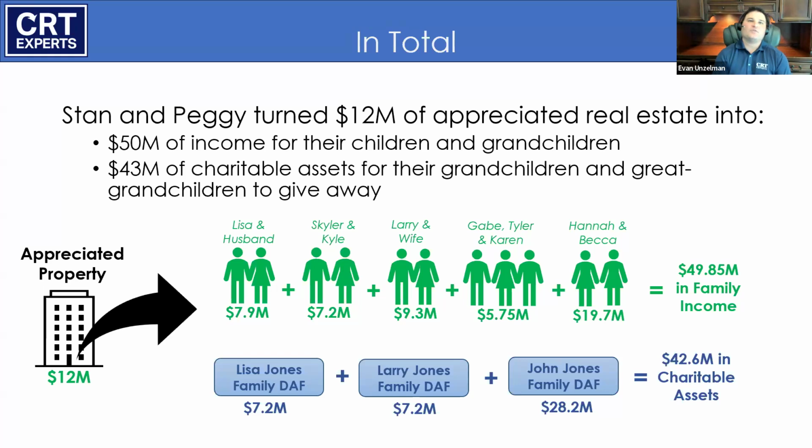It's pretty powerful what the CRT can do if it's structured properly: maximizing the number of beneficiaries, the family members receiving income, and how long that CRT is paying out, and giving any income beneficiary the flexibility to defer income by controlling the timing of the trust accounting income.